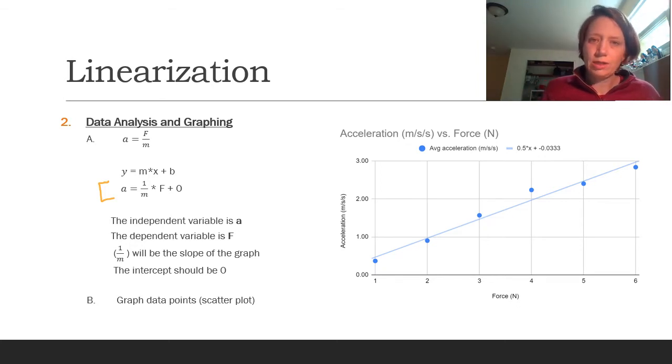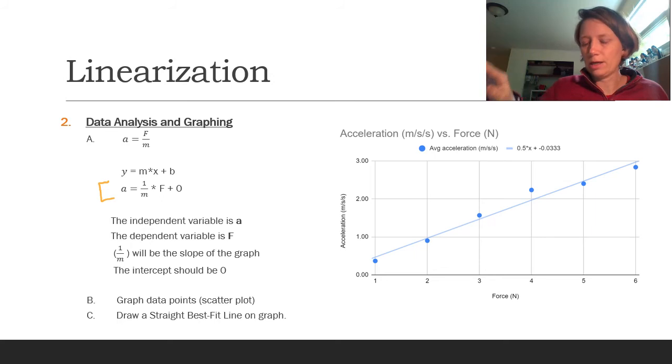I then used the customize setup tool and got into the series and clicked on trend line. So I'm expecting a linear trend line, and I also had it print the equation out as the label for the trend line, which is super useful in this application, because this equation right here is actually going to be the thing that gives me the value of that slope that I'm looking for.